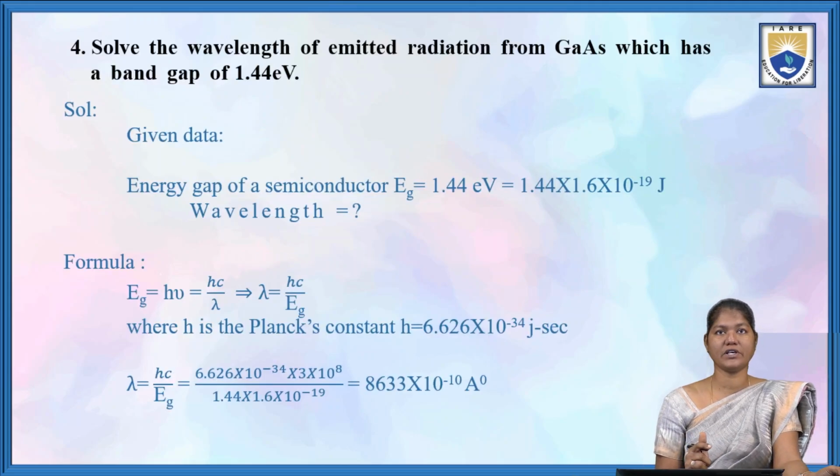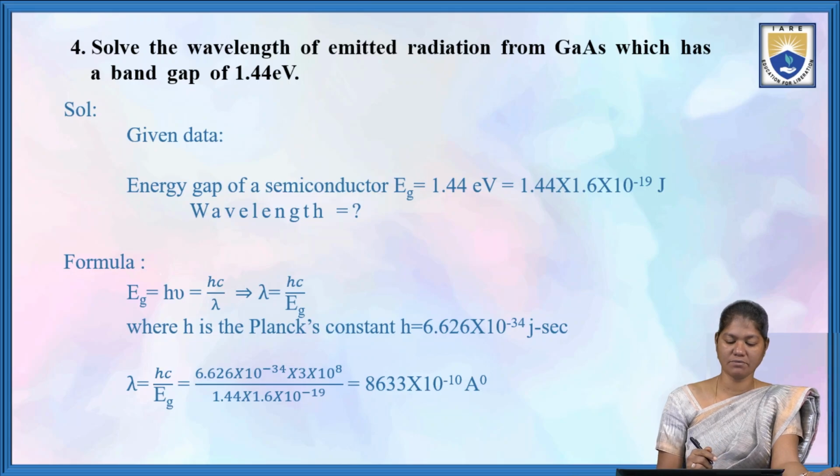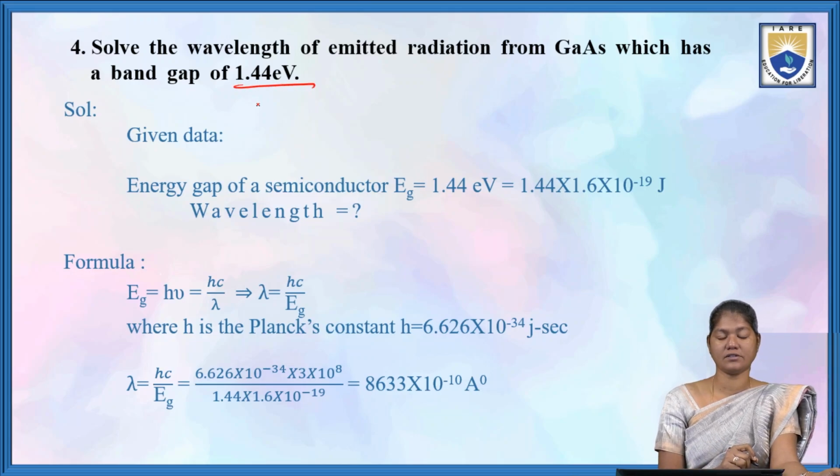Next, find the wavelength of emitted radiation from gallium arsenide, which has a band gap of 1.44 electron volts.